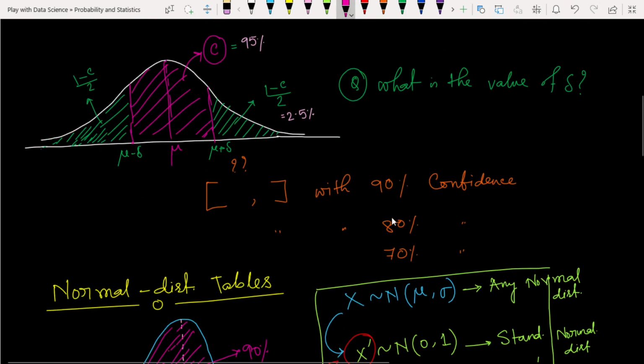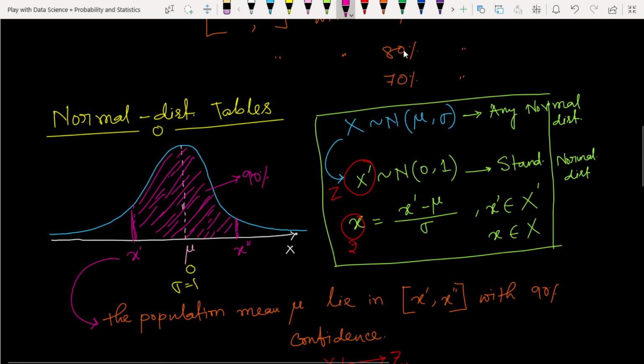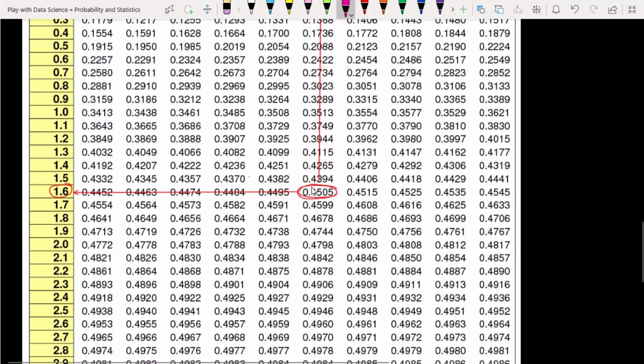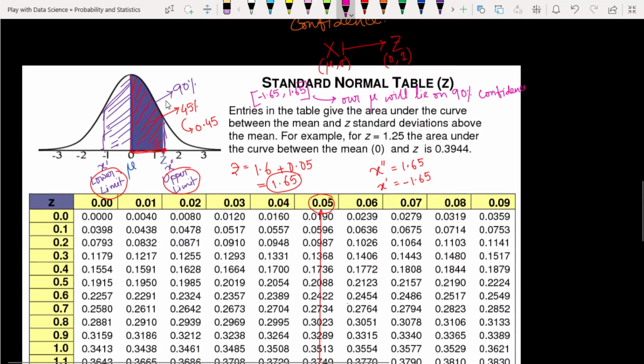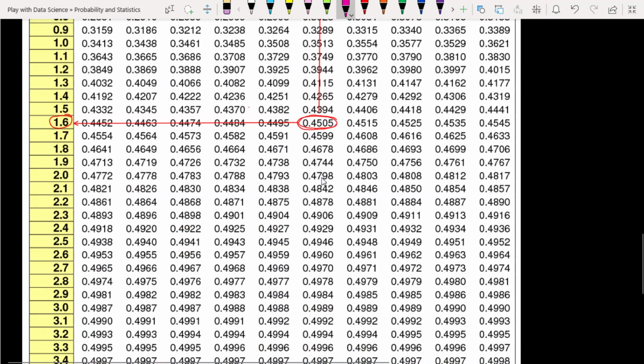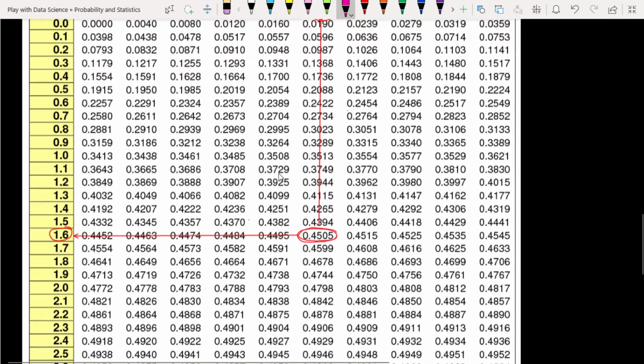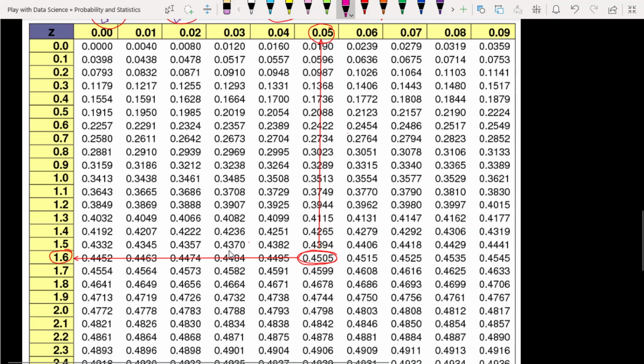Easily from here we can find the 80% area. If you take the interval at the 80% confidence level, what should the value be? If 90% is in this range, then in general, common sense says this range will be smaller. Now let's try to find the regions for 40%.